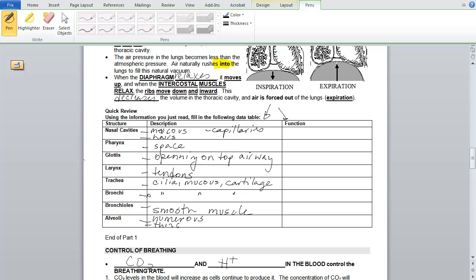They are thin-walled. They have stretch receptors. And last one, they are surrounded by many capillaries. Okay, hope that helped.